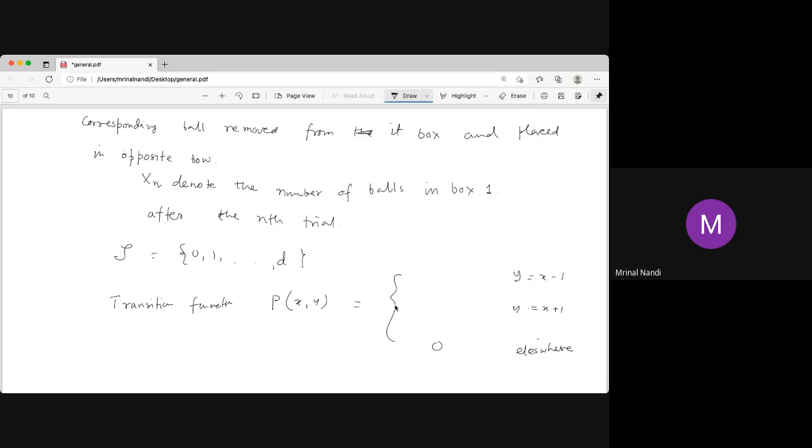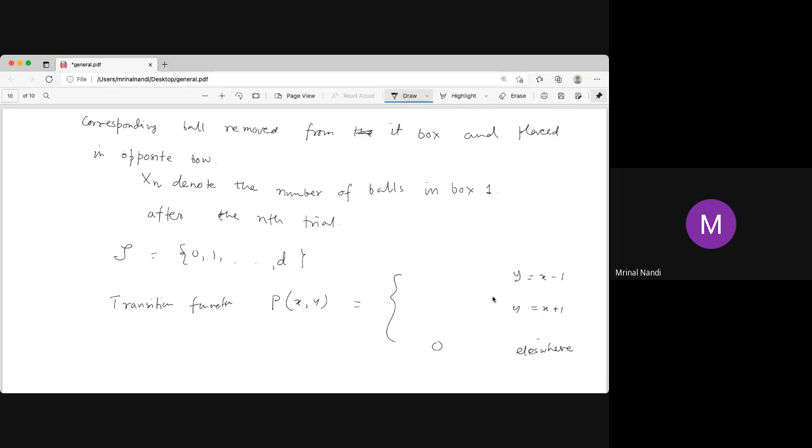And what is the probability that in the next step it will be x minus 1? That means one ball from the first box goes to the second box. The first box has x many balls, and after one step it will be x minus 1. But what is the probability that one ball from box 1 goes to box 2? That means you are choosing a random integer from 1 to d, and it must be from box 1.